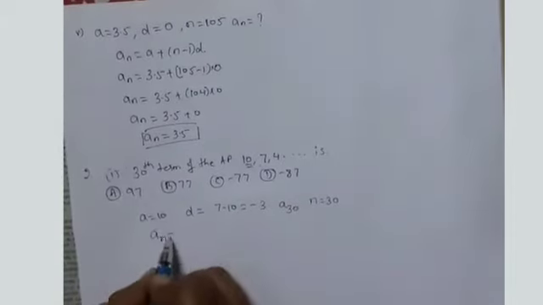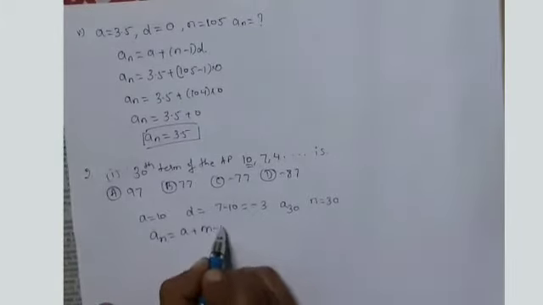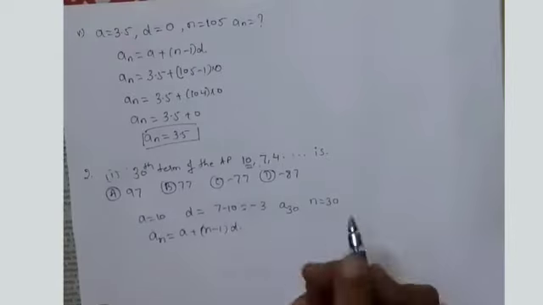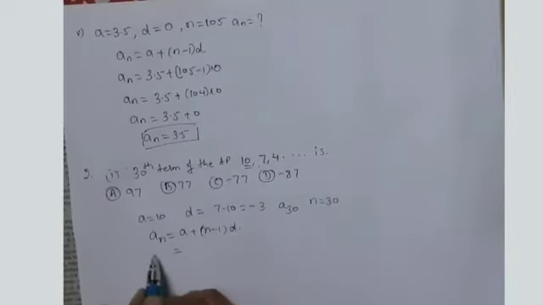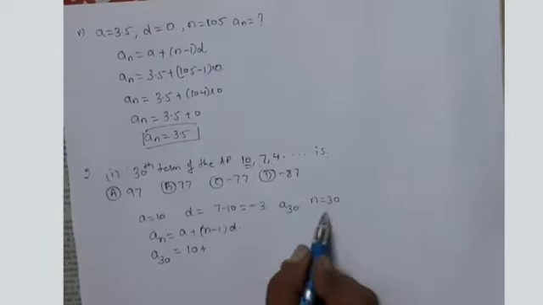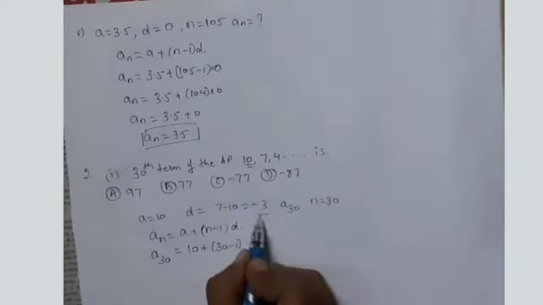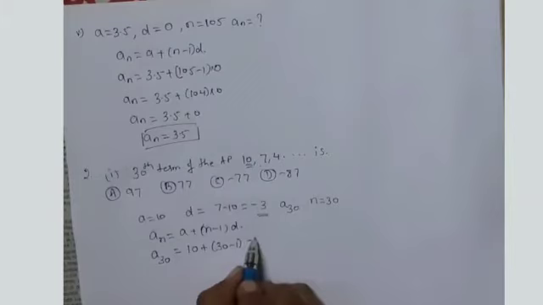Therefore from here an will be equal to a plus n minus 1 into d. So once again substitute the values here. An means a30 you have to find out. A is 10 plus n value given for us is 30 minus 1 into d value. We have found that d value is minus 3.